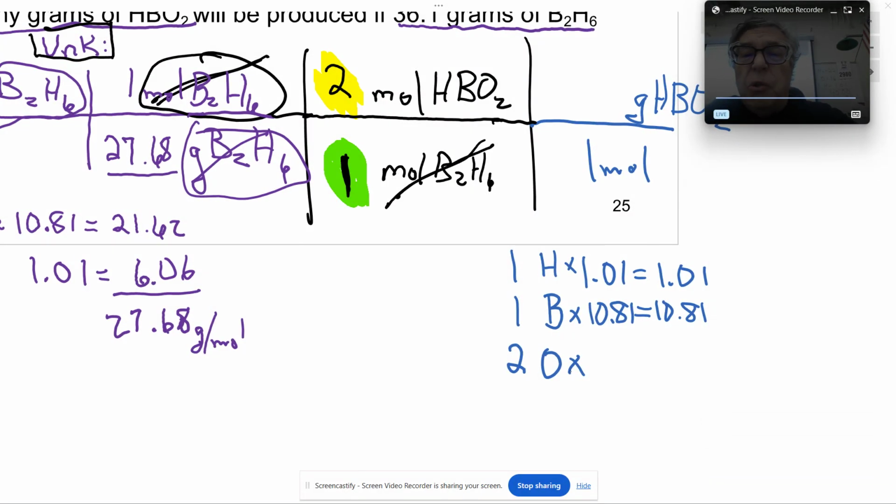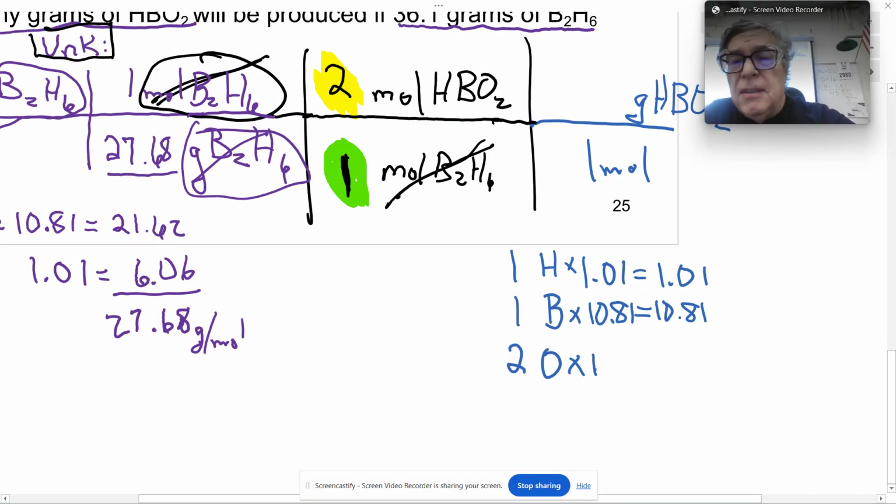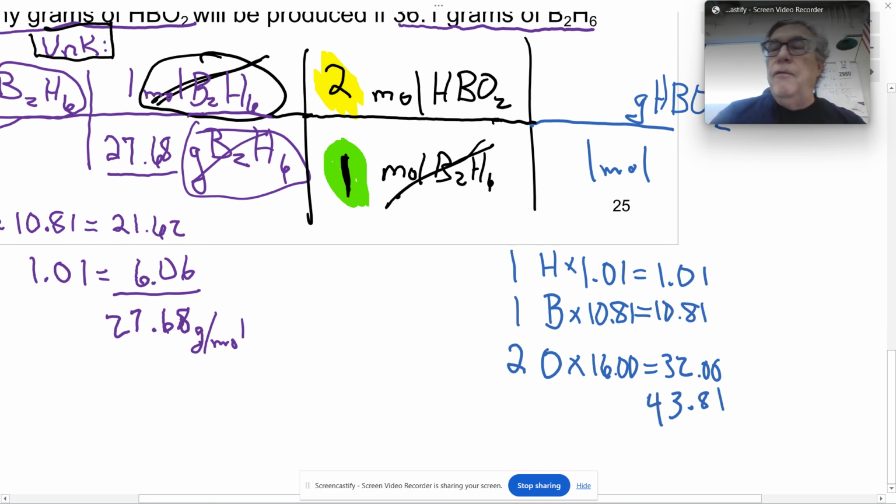That's 2 oxygens, 2 times 16. 2 times 16 is 32. And so I'm seeing 43.81.